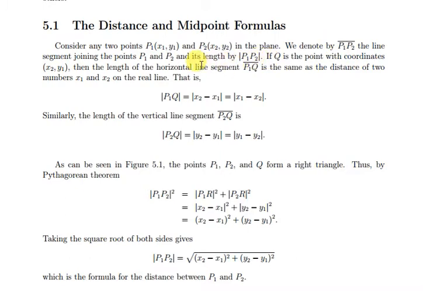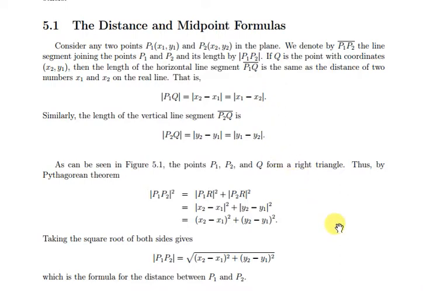It is in the notation of absolute value since there is no such thing as a negative length. So the length of the distance is always positive.